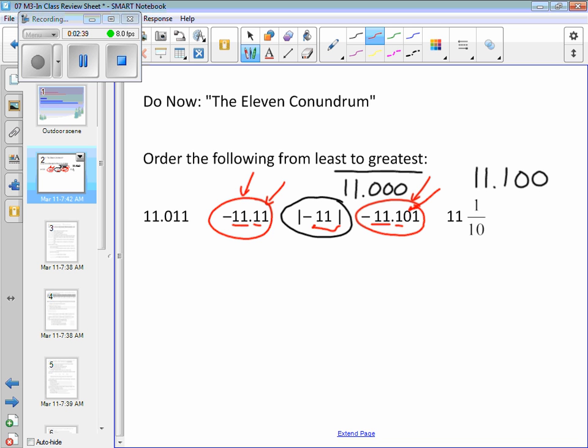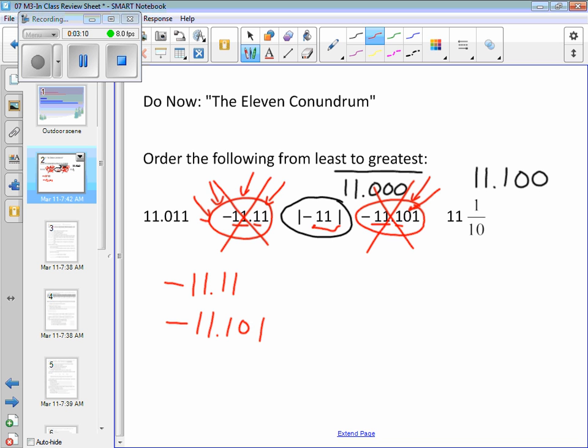And we realize that negative 1 is less than 0. That is going to then make this number the lowest. And once I've placed it, I'm going to cross it out because that is no longer under consideration. That's automatically going to make the last of the negative numbers the next one in line.